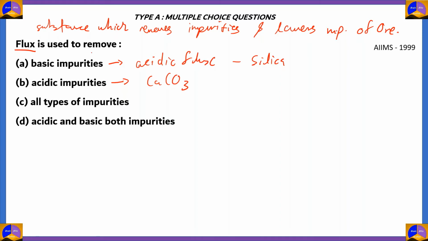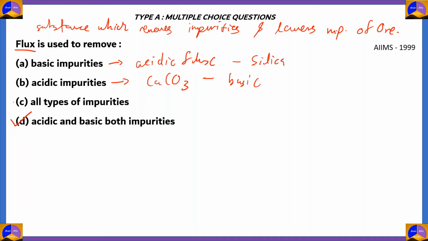So therefore, flux can be both acidic and basic. You have acidic flux catering for basic impurities, and basic flux catering for acidic impurities. So option D will turn out to be the right option, acidic and basic impurities.